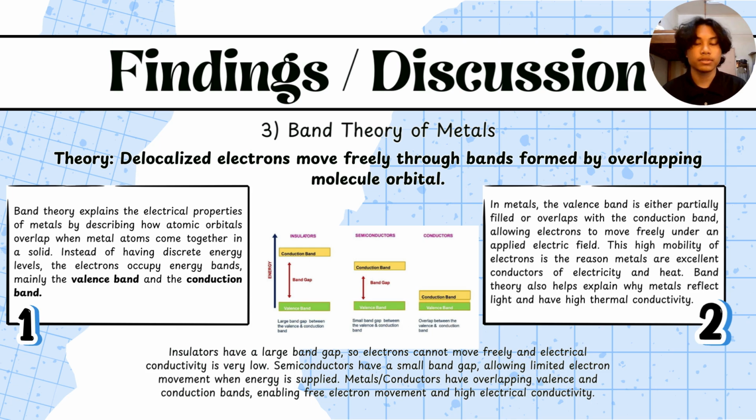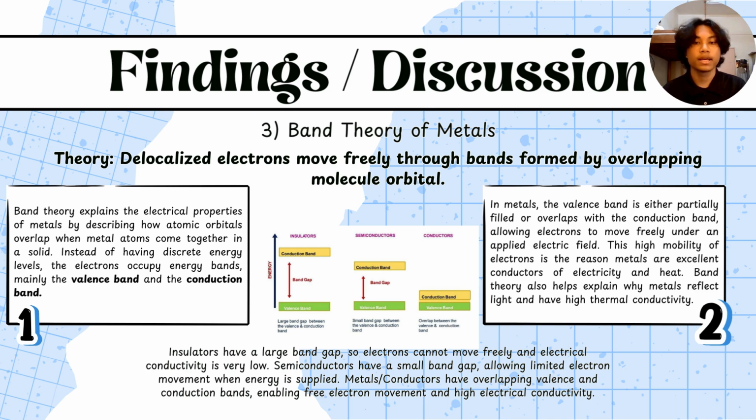Okay, for the next one, we have an example, which you can see in the picture. We have three: insulators, semiconductors, and conductors. Insulators have a large band gap, so electrons cannot move freely, and electrical conductivity is very low.